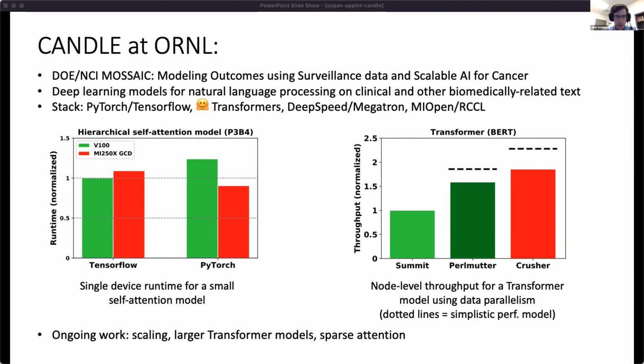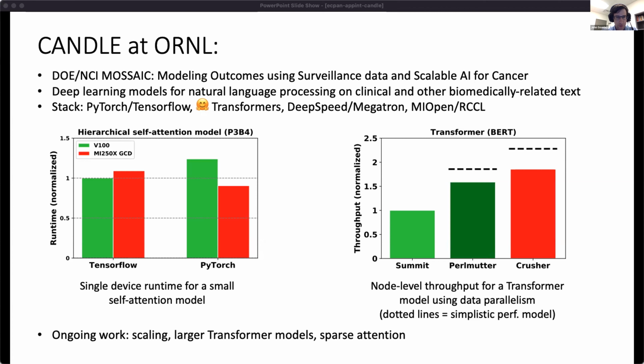In terms of where those things are on Crusher right now, PyTorch and TensorFlow are pretty easy to install, particularly PyTorch on the system. Everything works. We're pretty happy there. Some stuff like DeepSpeed has been fully ported over to AMD. Other things like Megatron, we've got a HIPify procedure that we can do, and they're not quite running natively, but they're pretty much there.